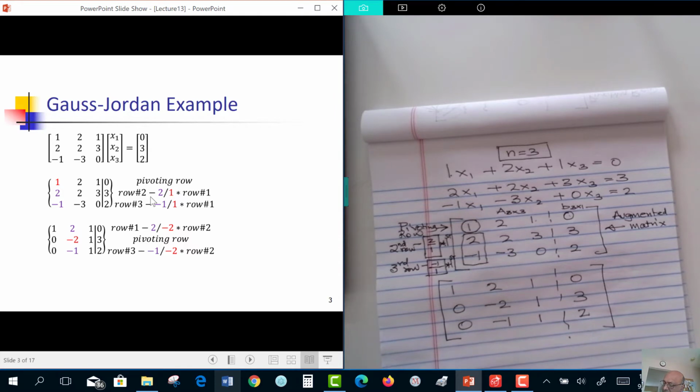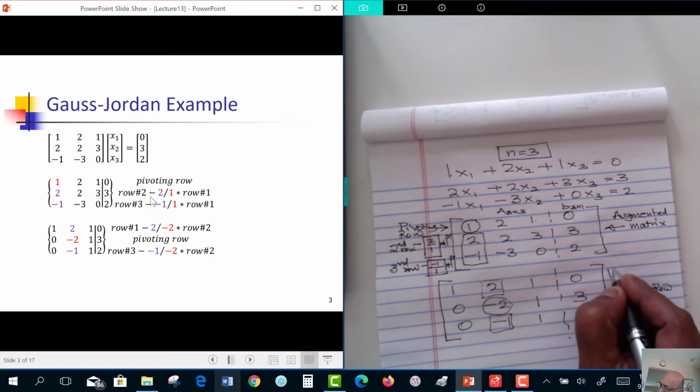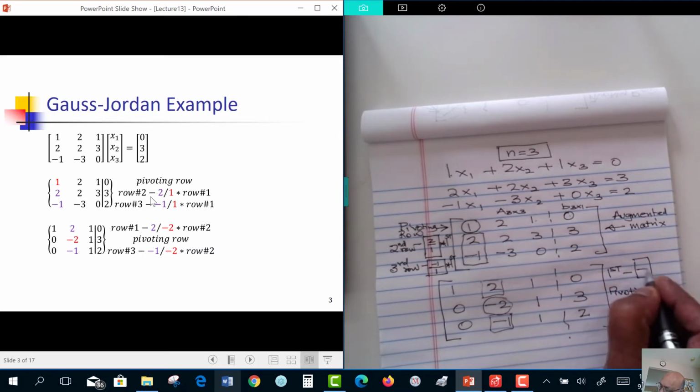We got zeros here. Now in second step, we want to get a 0 here, a 0 here. This is our pivoting element, so this is our pivoting row. So we are going to take first row, subtract from it a multiplier.